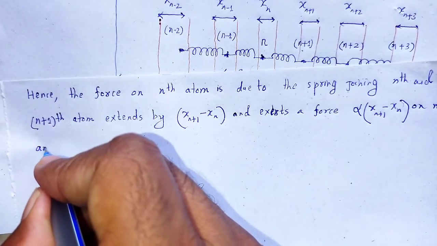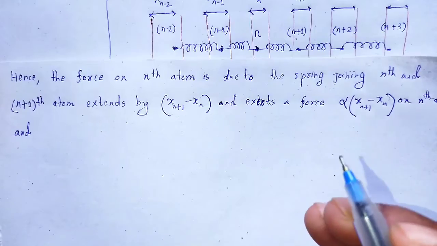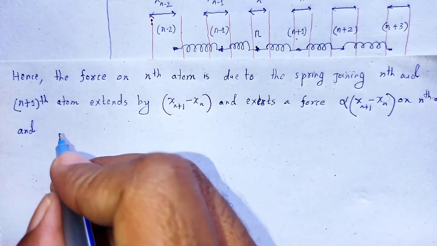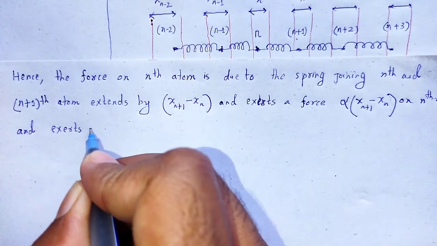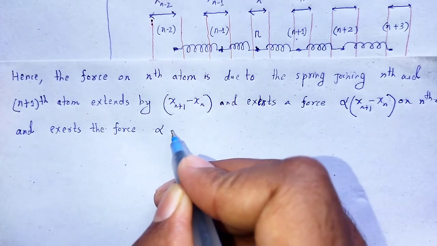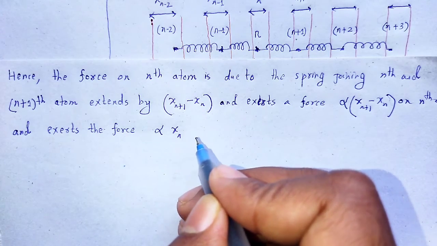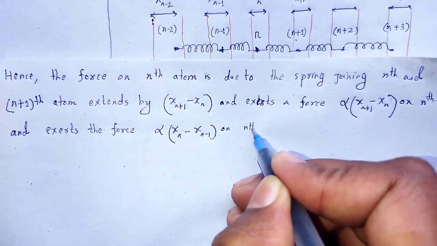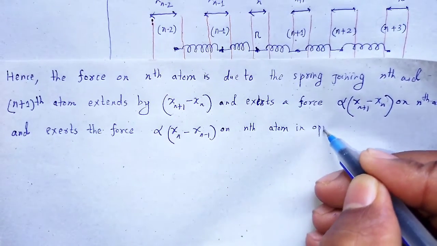And the other spring exerts the force alpha into x n minus x n minus 1 on the nth atom in the opposite direction.